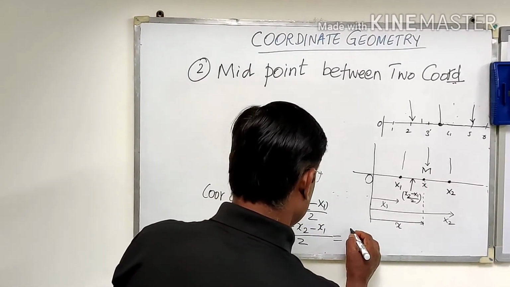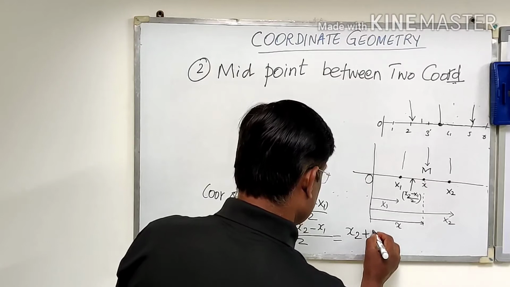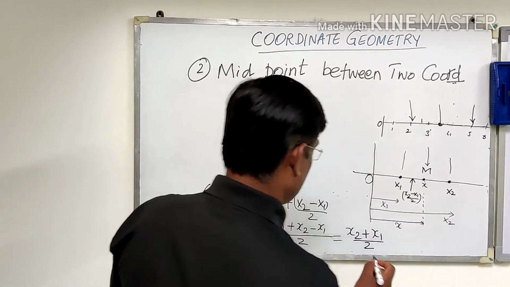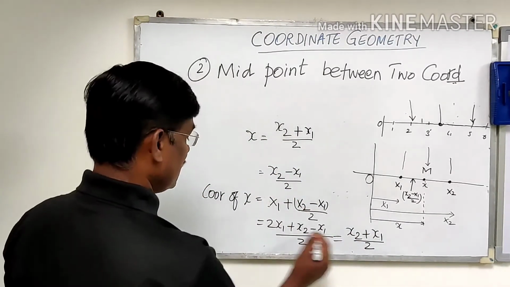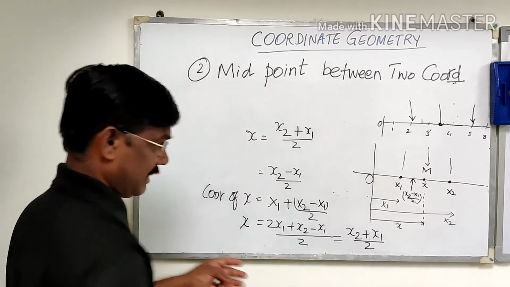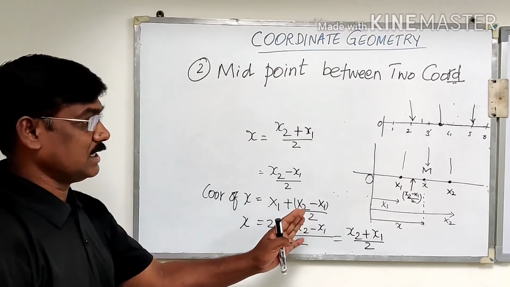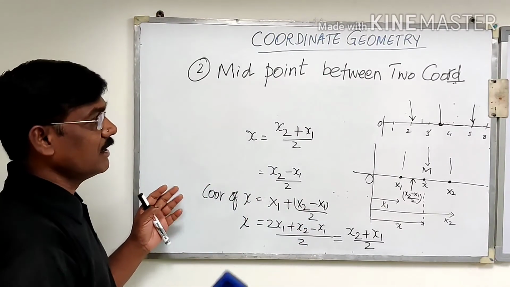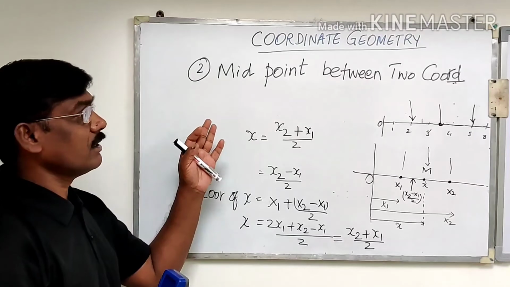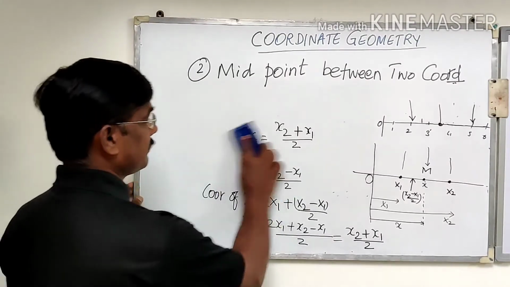So it is nothing but x2 plus x1 divided by 2. So both results are the same. This is nothing but the coordinate of x. Using this methodology, now we will find the midpoint between any two coordinates.